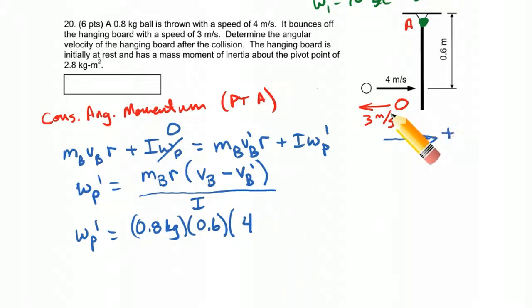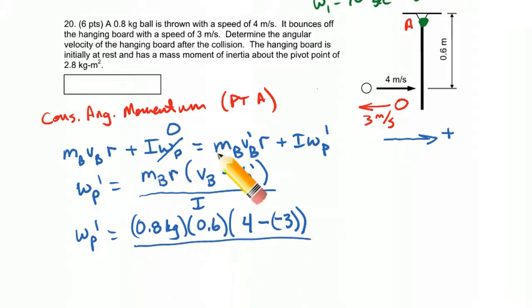Okay, after it bounces back, that would be a clockwise rotation here. So that's why that value is going to be the -1. Okay, so that's going to be a -3. So there's the most common mistake, is to not get that direction or the sign factored in correctly.